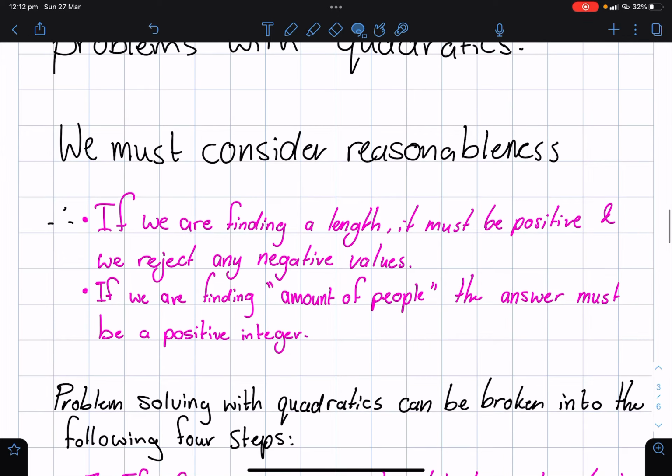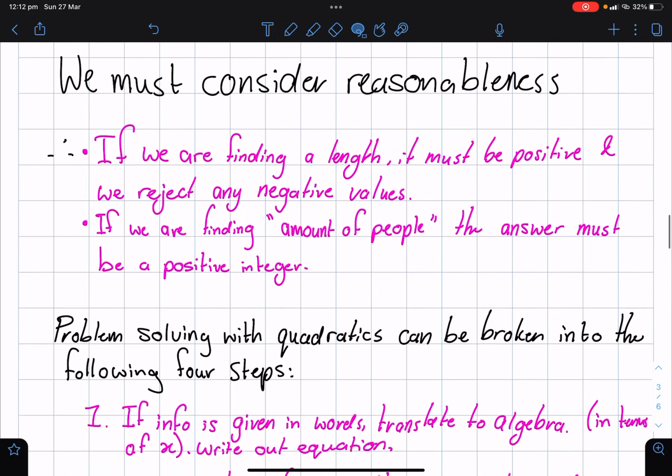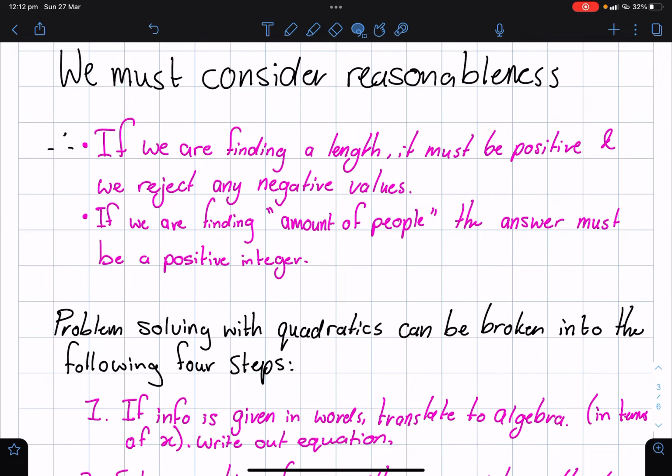We can break down problem solving with quadratics into 4 different steps. Step 1: if the information is given in words, we need to translate that to algebraic terms, in terms of x or whatever variable you want to deal with, and then write out that equation.